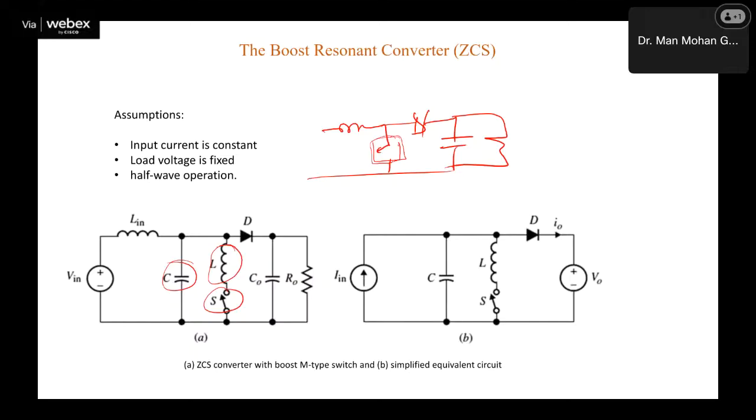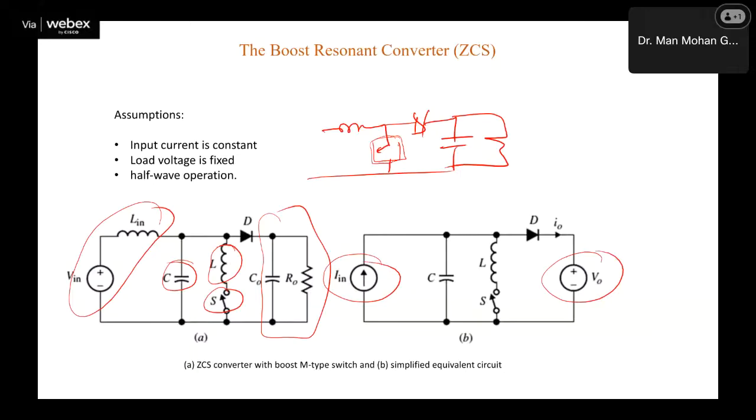Now, as I said previously, now the diode is here, so I cannot assume it to be a constant current source. So I take these two branches here, C node and R node, and I represent it with V node. Remaining circuit is same, but input side V in is in series with L in. So when this is the case, we can consider it to be a constant current source.